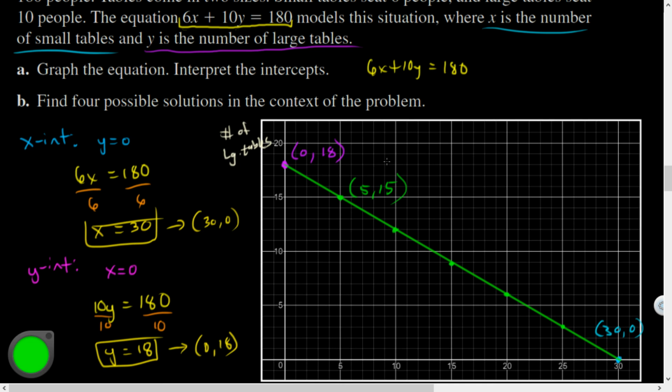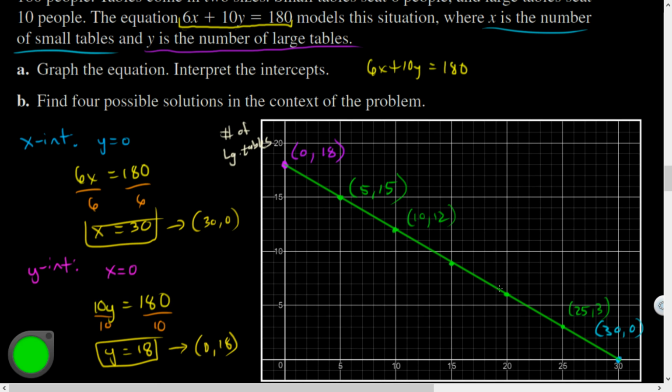Yeah, 5 small tables and 15 large tables can seat 180 people, right? Here's 10, 12. So that would mean 10 small tables and 12 large tables would seat everybody. Right over here is 25, 3. I could have 25 small tables and 3 large tables.